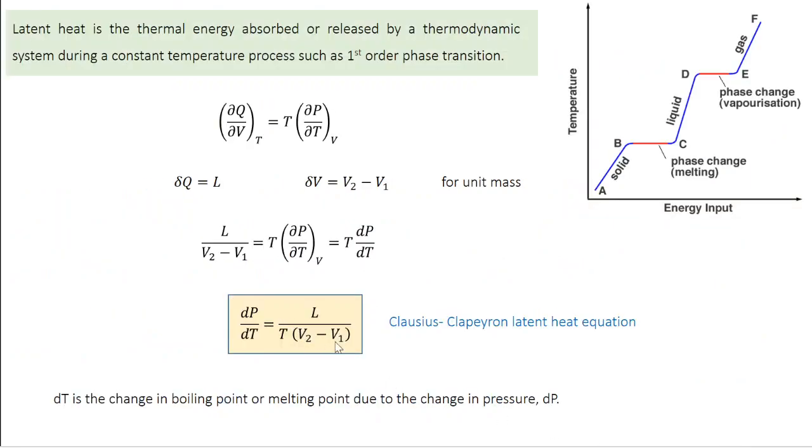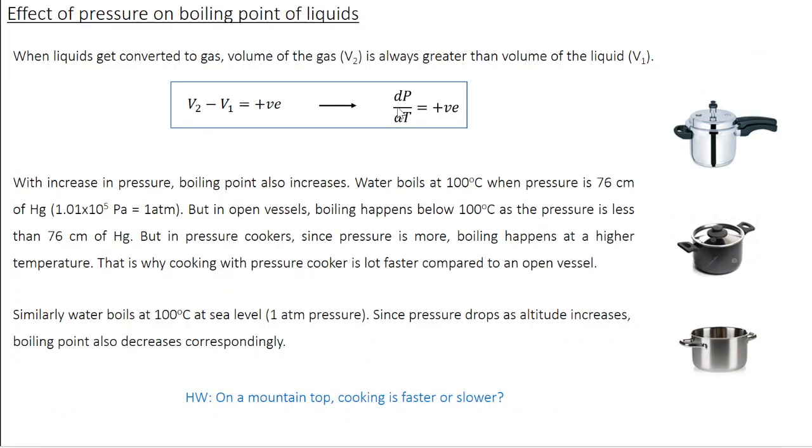If you go back to the Clausius-Clapeyron equation, V2 minus V1 is always positive, latent heat is also positive, and temperature, since we always take absolute temperature with respect to 0 Kelvin, is also positive. So basically the right hand side is always positive, which means the left hand side has to be positive. So dP by dT is positive.